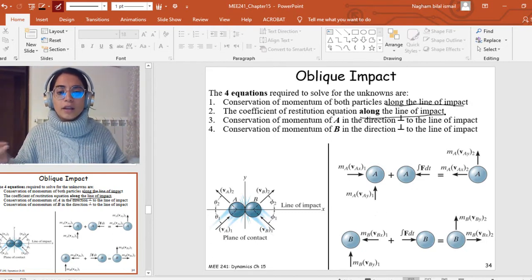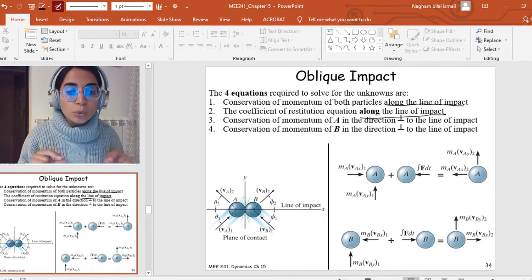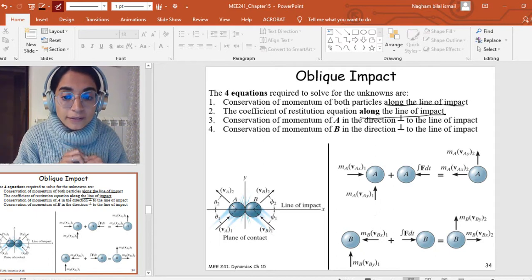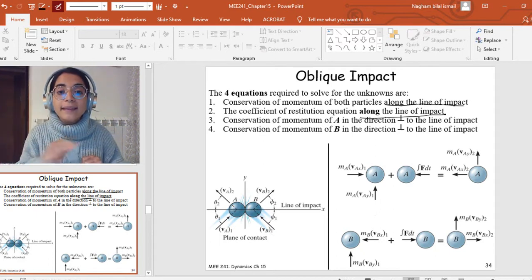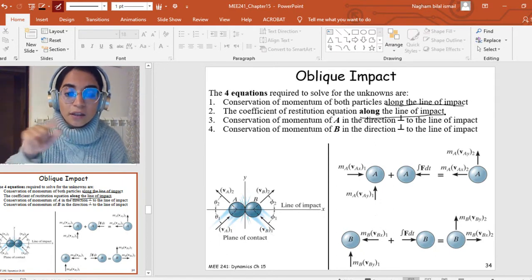Now, what about the remaining two equations? The remaining two equations are the conservation of momentum of both particles in the perpendicular direction of the line of impact separately. What does this mean?